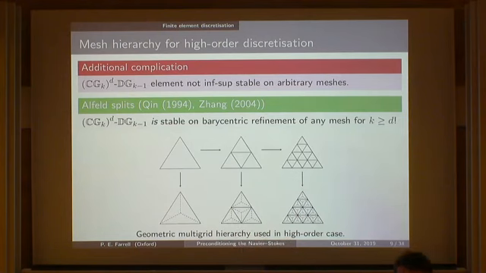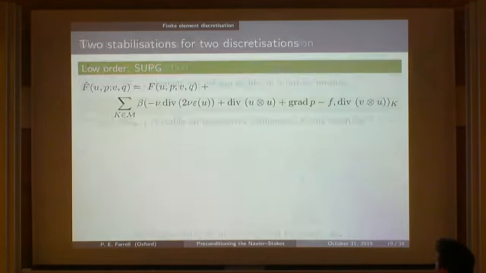So this is nice because it guarantees stability. There's a catch though, which is that these meshes are not nested. Right? So there's a function I can have on this mesh that I can't represent exactly on that mesh. And that's an example of me doing something to fix problem X that gives me problem Y later on, but we can deal with this. I'll tell you how to deal with this later.